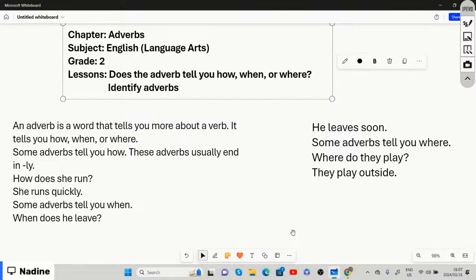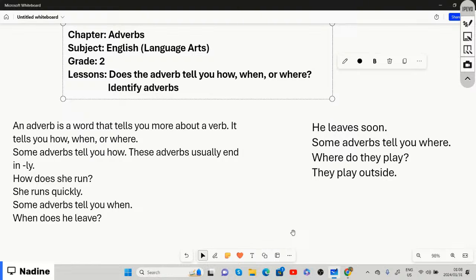It's like asking yourself, how does she run? She runs quickly. The ly at the back of the word gives an indication of how she ran.